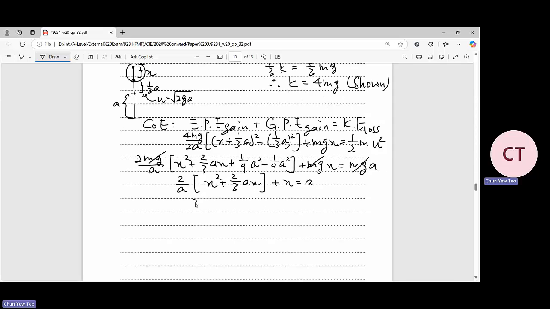So I multiply everything by 3a. I will get 6x squared plus 4ax plus 3ax minus 3a squared.